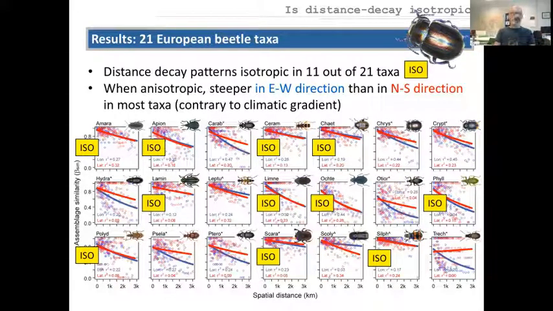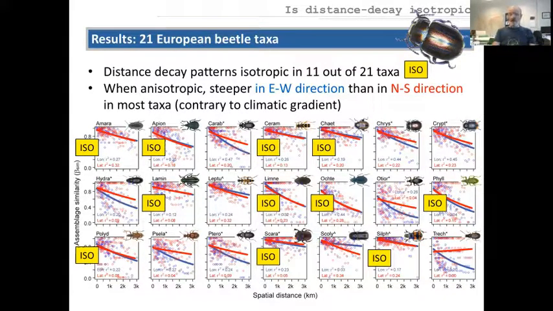A lot of taxa have isotropic patterns, and when they are anisotropic, in most of them turnover is faster in the east-west direction, contrary to the climatic gradient, which is much more marked in the north-south direction.